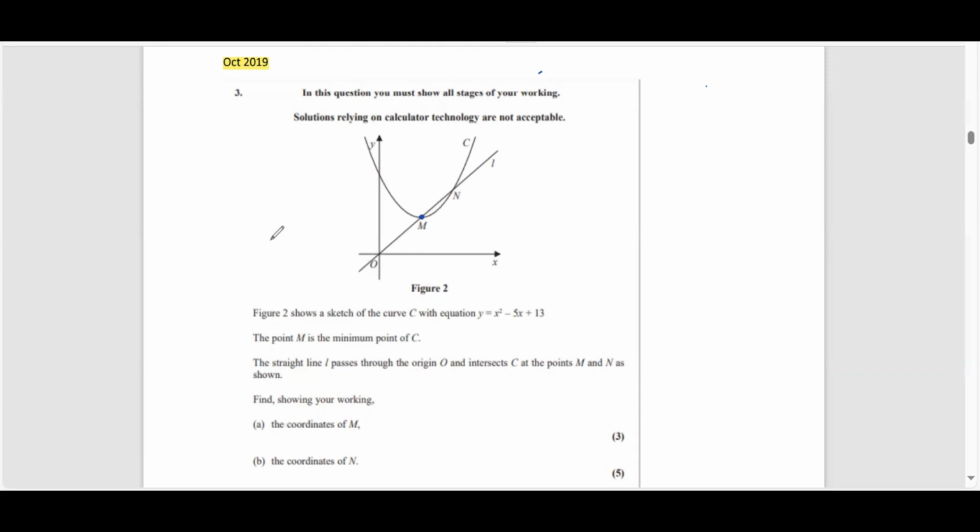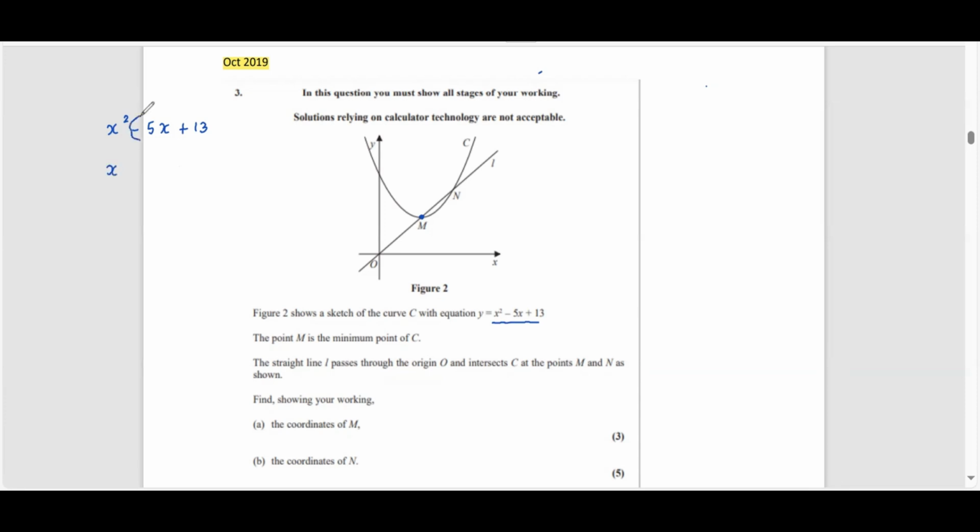To find the coordinates of M, it is mentioned that M is the minimum point, and the equation is given: x squared minus 5x plus 13. So we use the completing the square method here to find the minimum point. The variable is x.